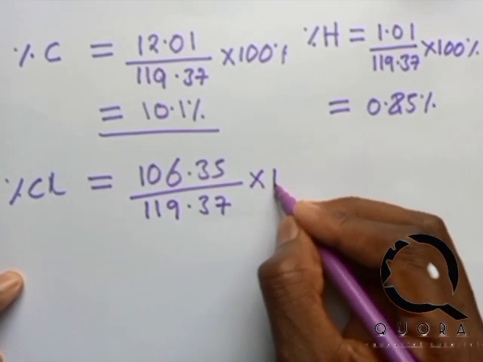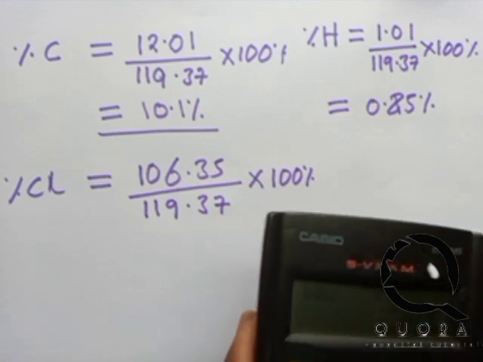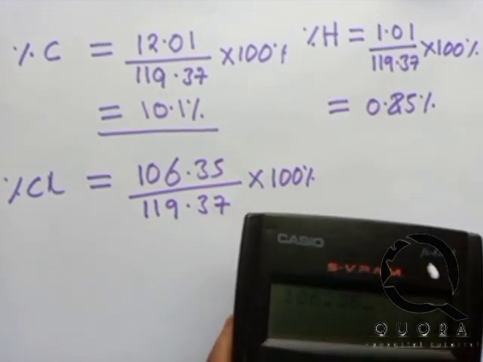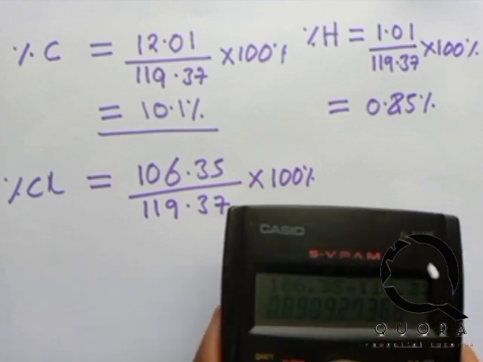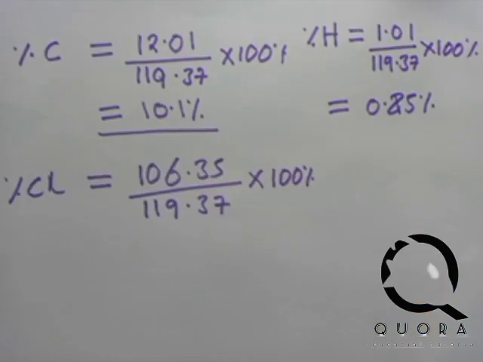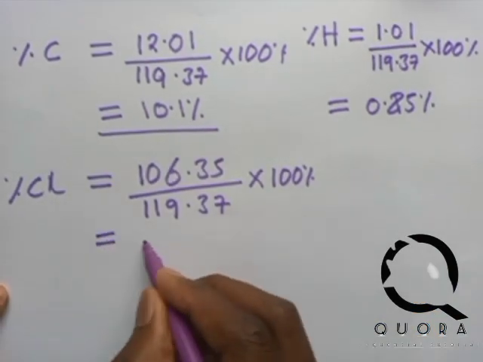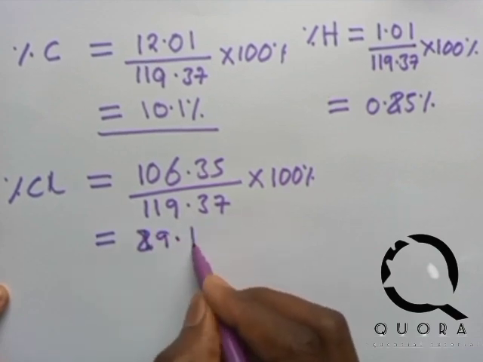I'll multiply this by 100%. So we are going to say 106.35 divided by 119.37, multiplied by 100, and I'm getting 89.1%. So that becomes the percentage composition.